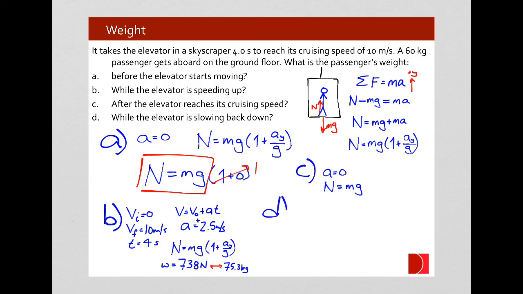And in the last situation, in D, we would presumably have the same acceleration, but negative. We'll assume our acceleration will be a negative 2.5 meters per second squared. In that situation, we can use the same equation that we used before.